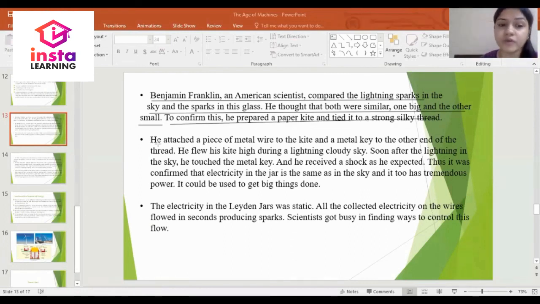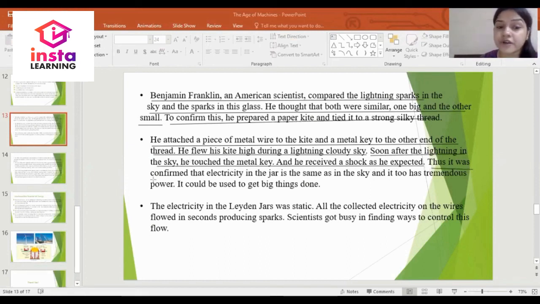Then what did he find? Let's understand. He attached a piece of metal wire to the kite and a metal key to the other end of the thread. He flew his kite high during a lightning cloud sky. Soon after the lightning in the sky, he touched the metal key and he received a shock as he expected.